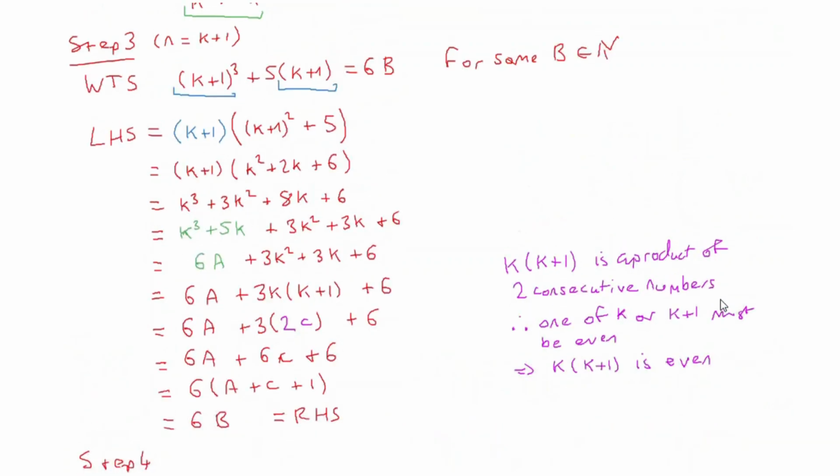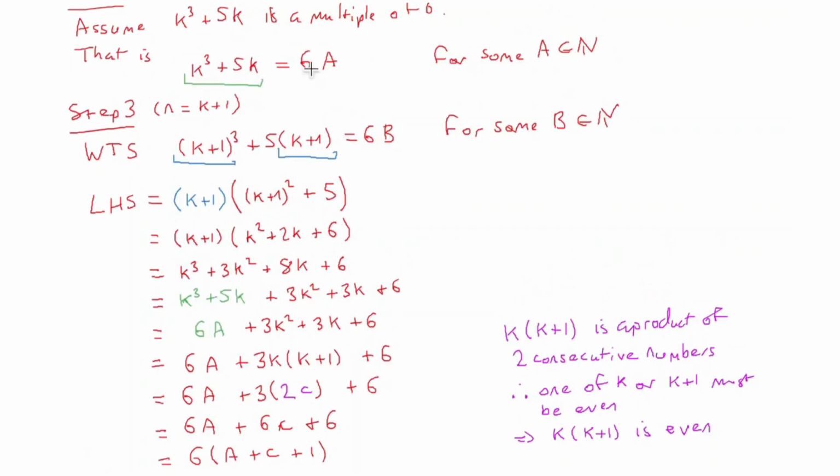Let's quickly review that inductive step because there was a tricky part in here. In particular, noticing that k times k plus 1 is equal to an even number. There was another tricky part earlier on, the green step here. It wasn't a direct substitution for our assumption, or not as obvious as in other cases.